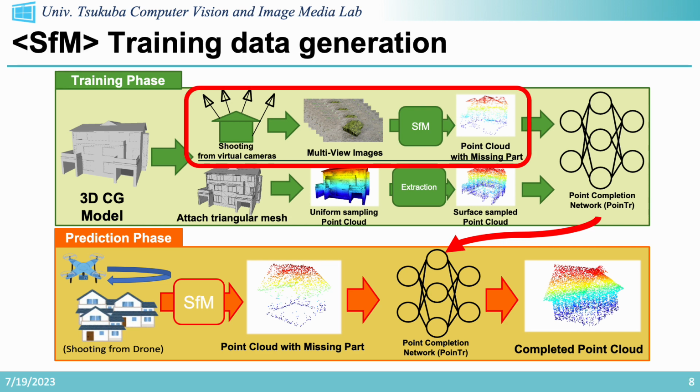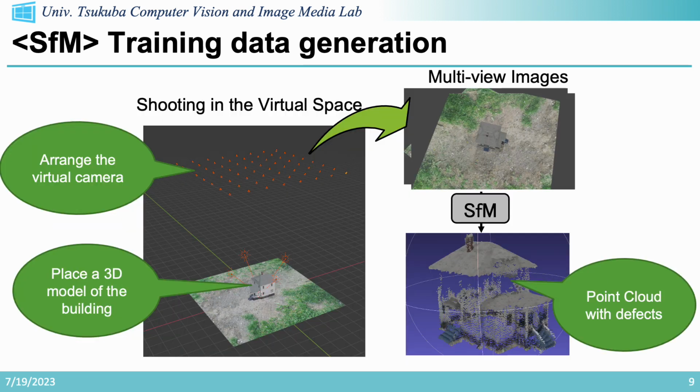Okay, let me first talk about how to create a missing data with SFM. As I mentioned, a CityGML model is used to generate the training data. Shown in the left figure, a virtual camera is placed in the upper part of the space to imitate the drone shot.